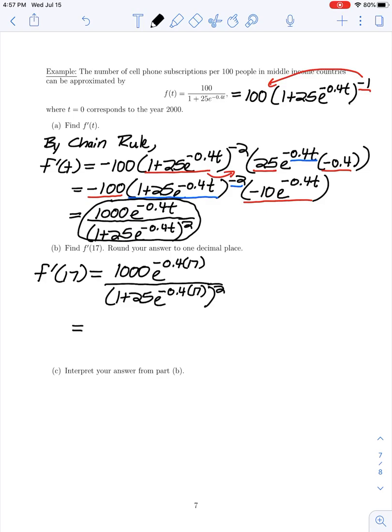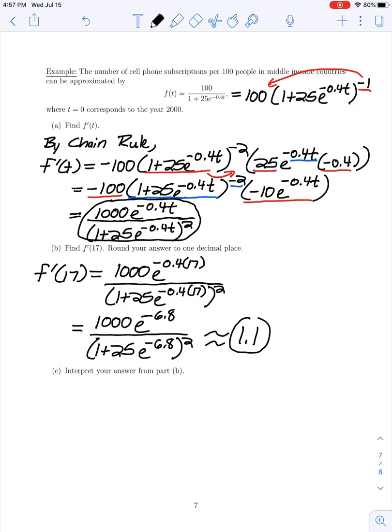Or, rewriting this a little bit, multiplying 0.4 by 17 gives us 6.8, so we have 1,000 e to the negative 6.8 all over 1 plus 25 times e to the negative 6.8 quantity squared. Using a calculator to evaluate this expression, we find that this value is approximately 1.1 if we round to 1 decimal place.